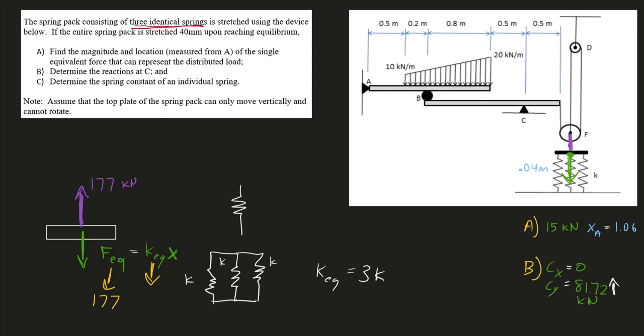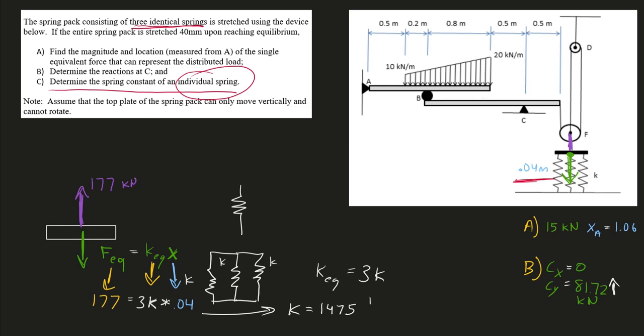Our total stiffness of this one big equivalent spring is 3 times the stiffness of just a single spring, and the stretch of these springs is that 0.04. So we can do this math and solve for K. So if I do that math, I'll get 1,475. The units are kilonewtons per meter.